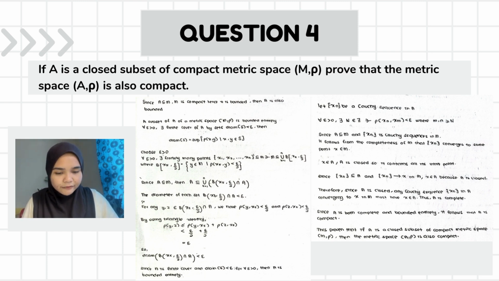A is also bounded. A subset A of a metric space M is totally bounded if, by definition, for every epsilon greater than 0, there is a finite cover of A by sets S of diameter less than epsilon. The diameter of S is equal to the supremum of rho(x, y), where x and y are elements of S. So we choose epsilon greater than 0.